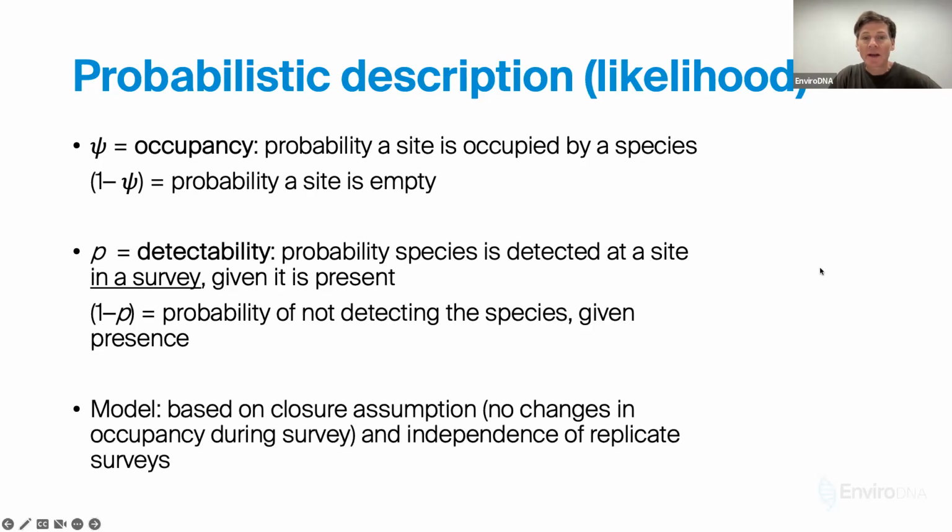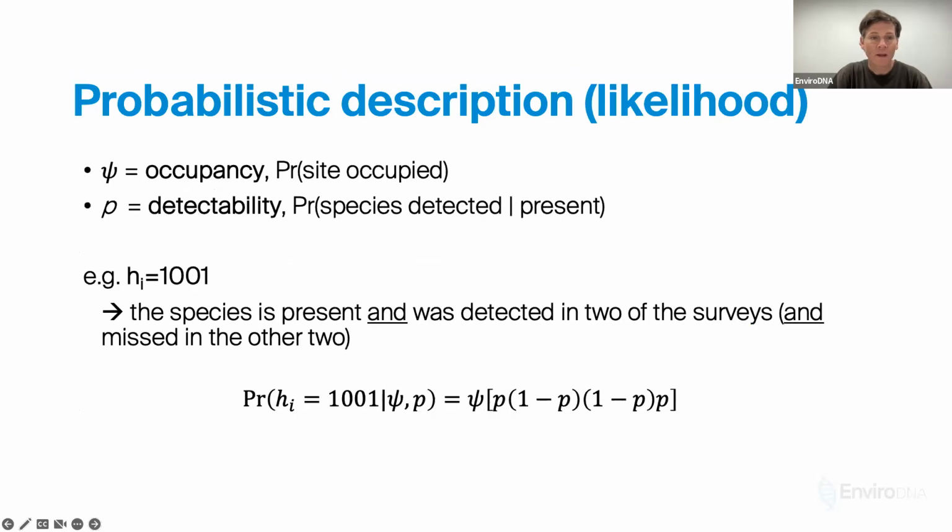And then you can fit models. There are a ton of mature packages in various statistical frameworks for doing these kinds of models. And you can then estimate the occupancy of your species across your sites and look at any other particular covariates that you might be interested in, environmental covariates, etc. So, for instance, for a given history of observations, you'll compute a likelihood, which is just the product of the probabilities for this particular series of observations across your site.